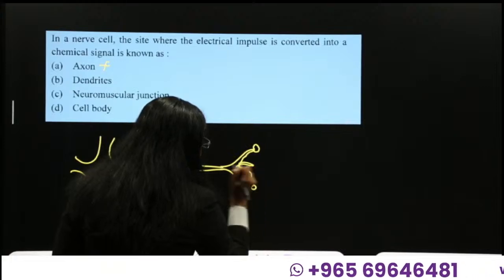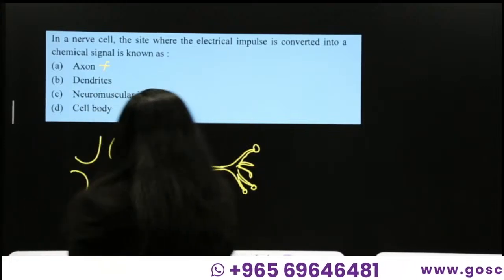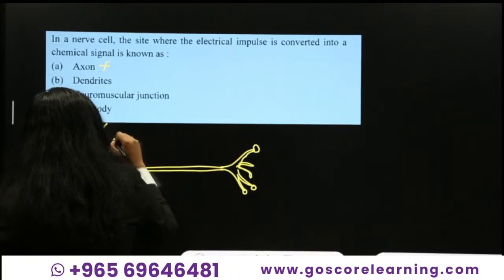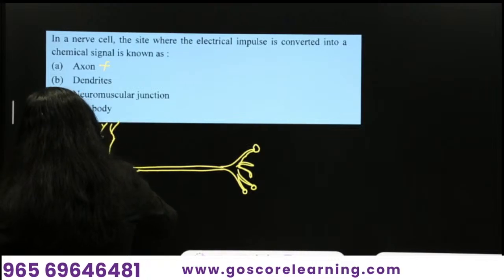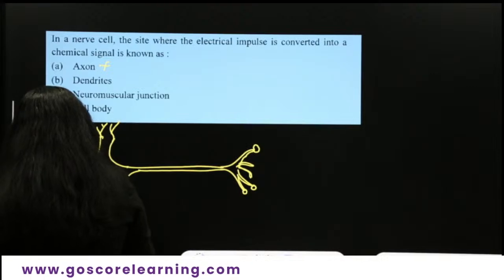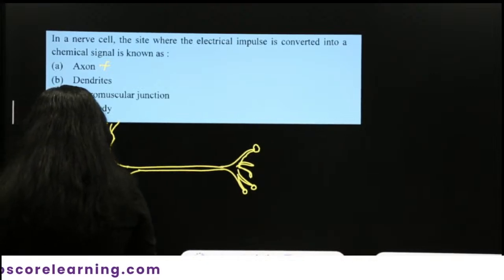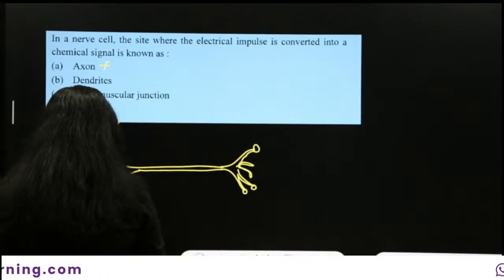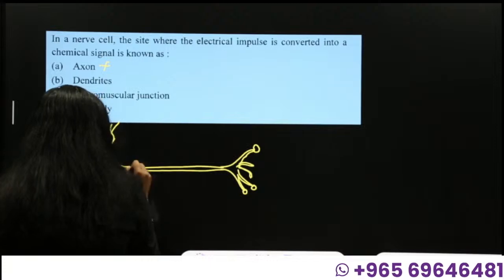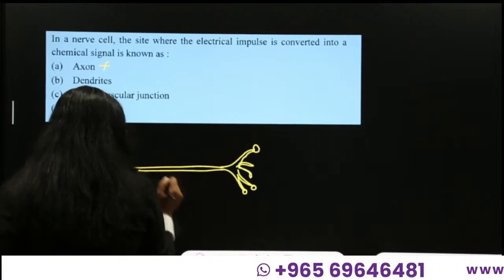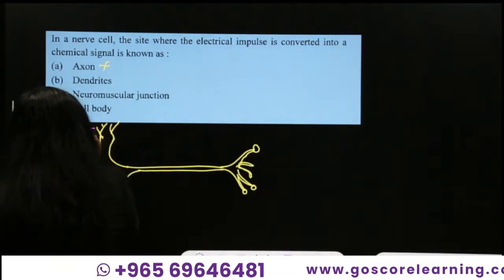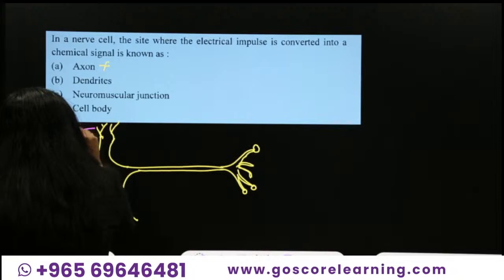So these are the different parts. This is the dendrite region.